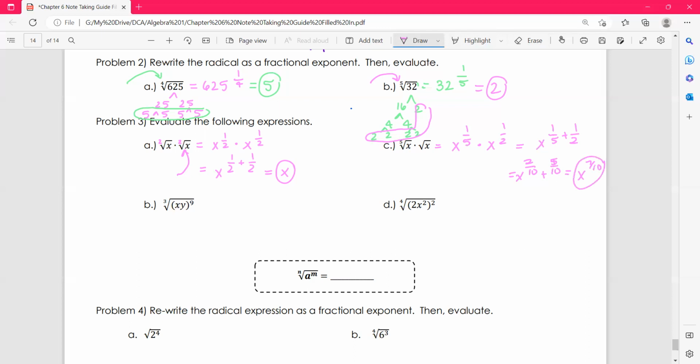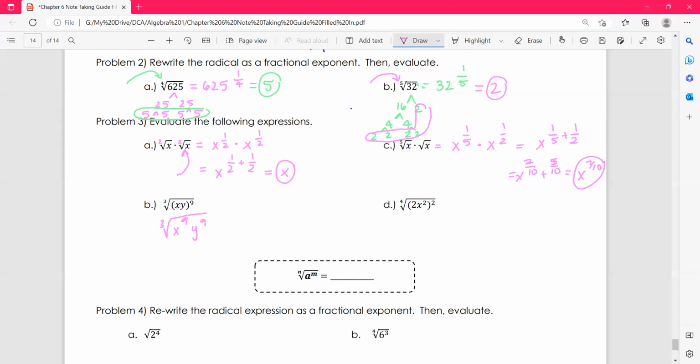Okay, let's check out B. What we have to notice in B is 2 things are going on. We've got the cube root of x, y, all raised to the 9th power. What I would recommend first is distributing that 9th power. So I've got the cube root of x to the 9th, y to the 9th.